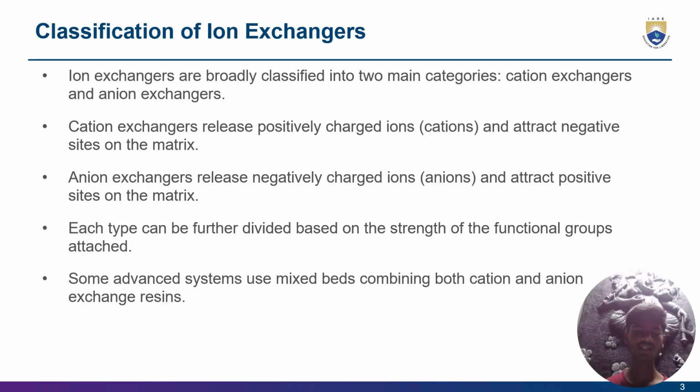There are two types of resins, first cation and next anion. A cation exchanger releases positively charged ions and attracts the negative sides of the matrix, so it is called a cation exchanger. In the same way, an anion exchanger releases negatively charged ions and attracts the positive sides of the matrix, so it is called an anion exchanger. These are the two types of ion exchangers, cation and anion.